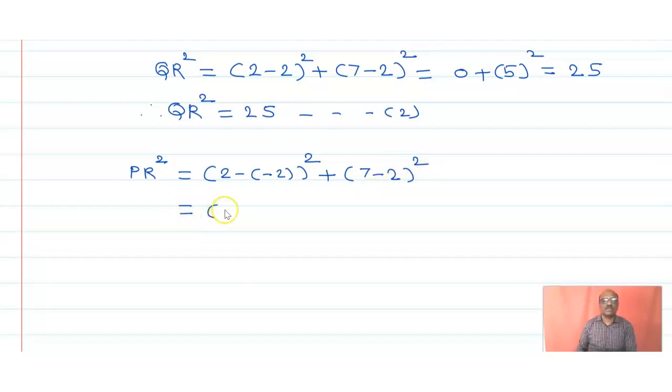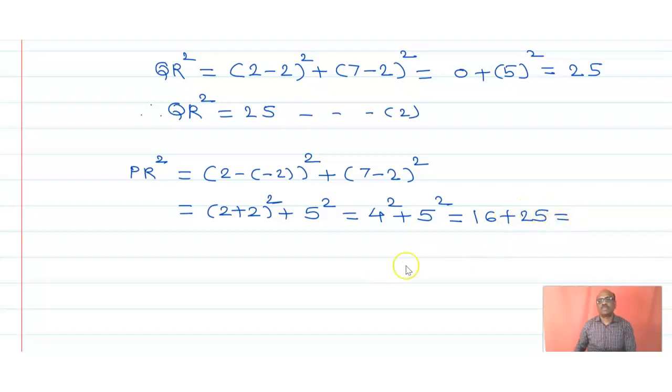And here 2 plus 2 whole square and 5 square. Here you will get 4 square plus 5 square, 16 plus 25, and that is equal to 41. Therefore PR square is equal to 41. And this is the third one.